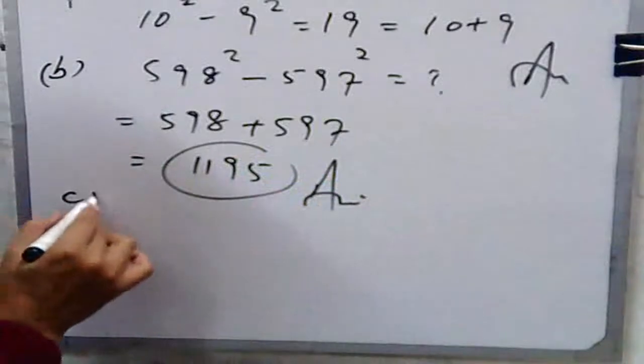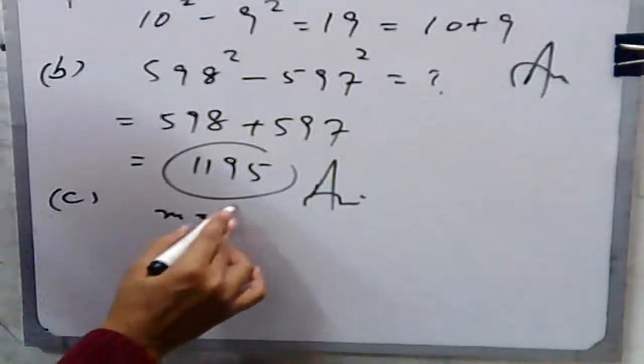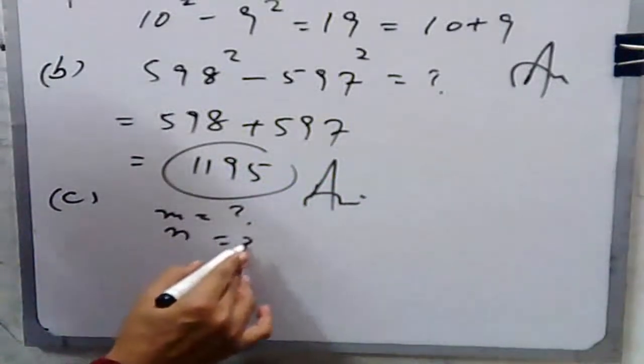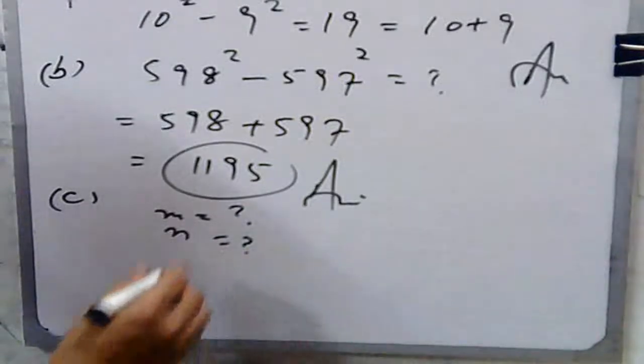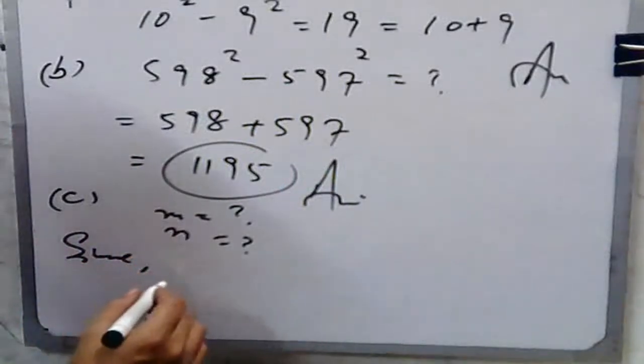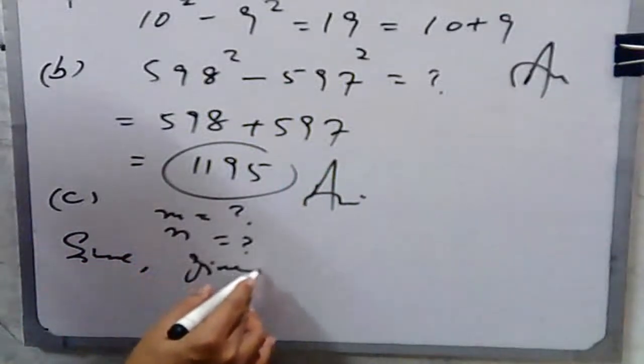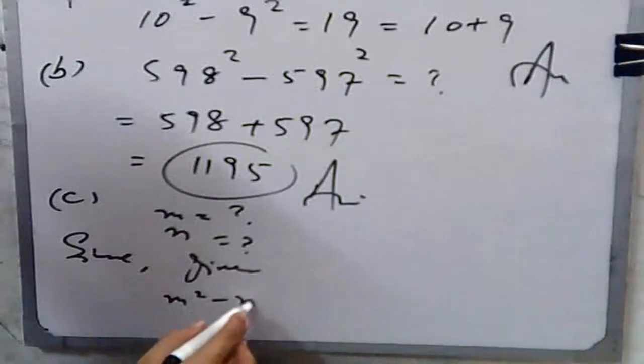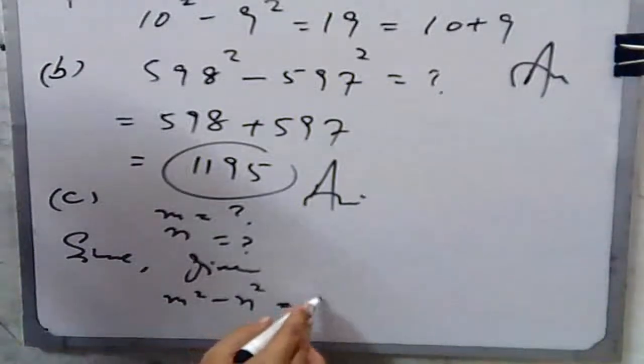Now in C part we have been asked to find the value of M and N. At the end of the given pattern, what is given? It is given that M square minus N square is equal to 81.